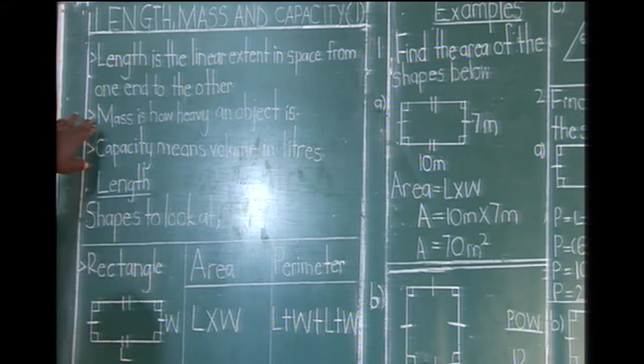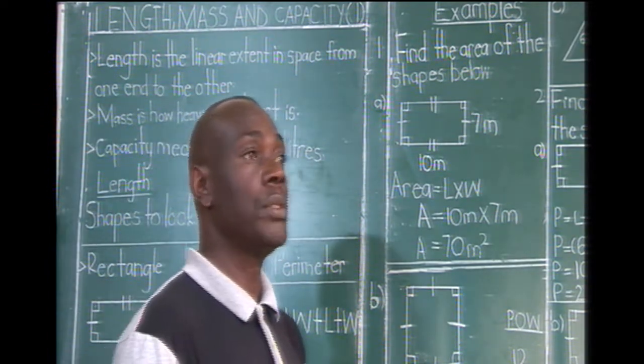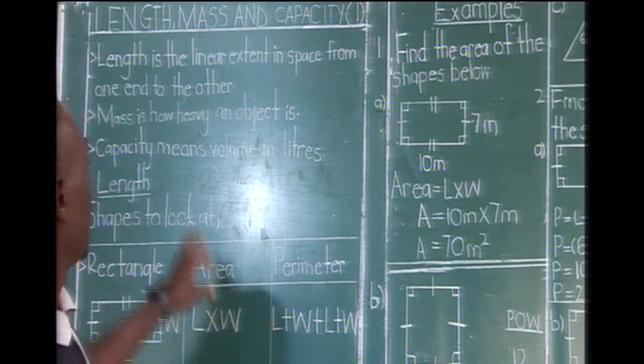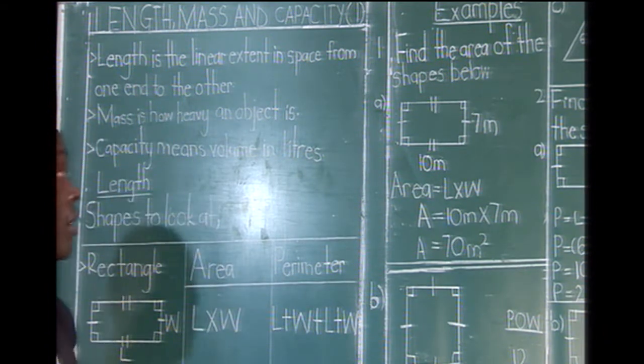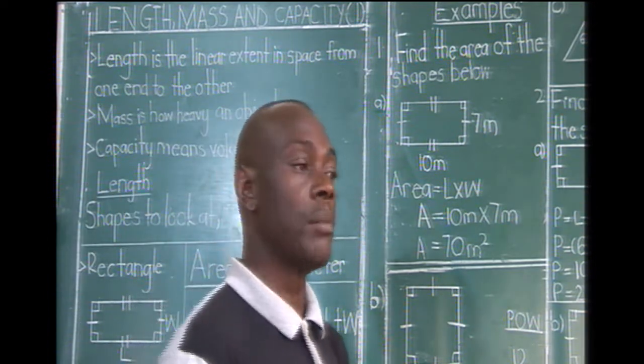Then the definition of the word mass. What is mass? Mass is how heavy an object is. In the upper level, they will define it differently, but now at our level, we are talking about how heavy an object is, which is then measured in grams.